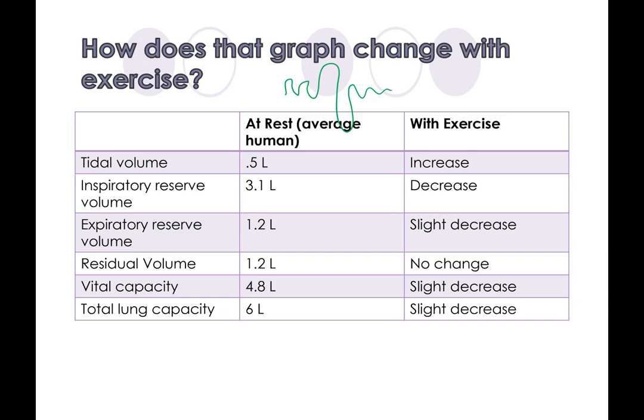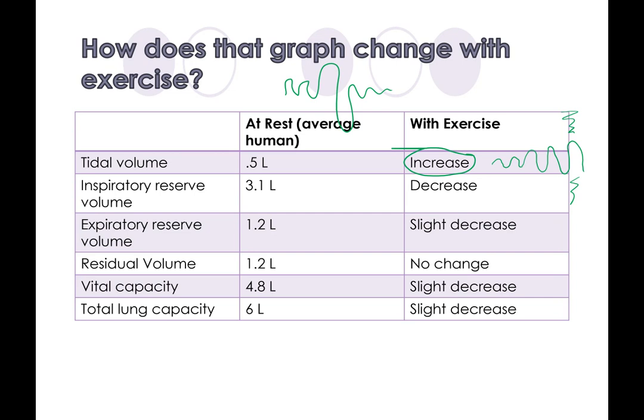So when we talk about exercise, our tidal volume will increase. So instead of maybe breathing like this, you start to breathe heavier. Because of that, the area above and below is going to decrease because you're already using some of that additional space, okay?